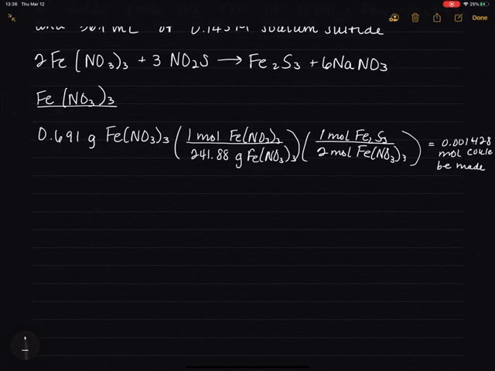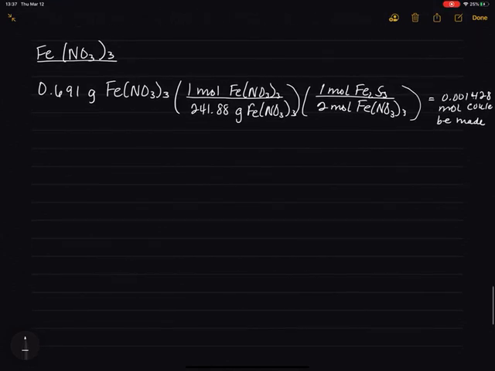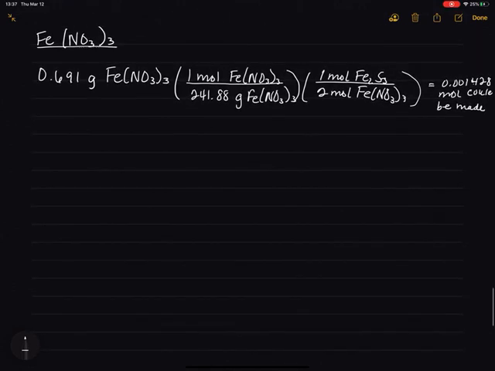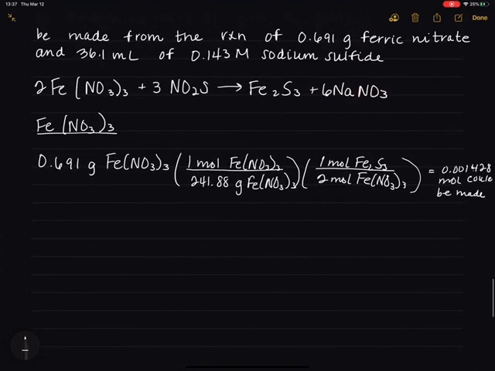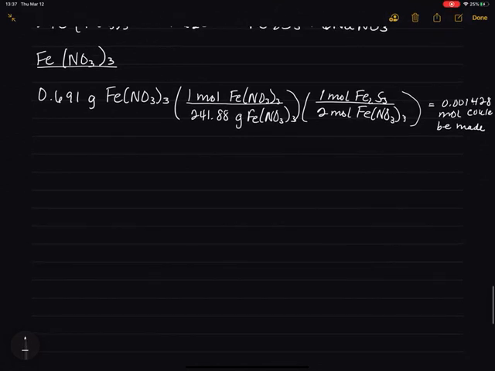I've got 36.1 milliliters of this solution. Do I need to do anything with that 36.1, or can I use it? Convert it to liters. I've got to go to liters. Molarity is moles per liter. I get to liters by dividing by 1,000.